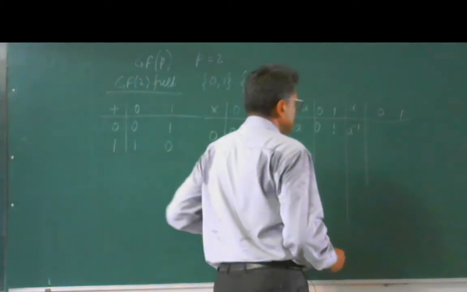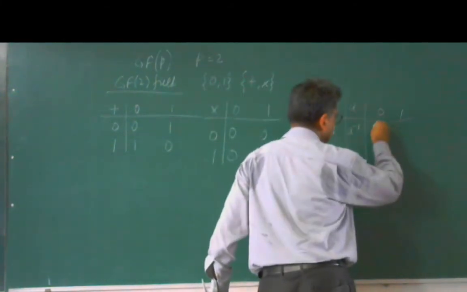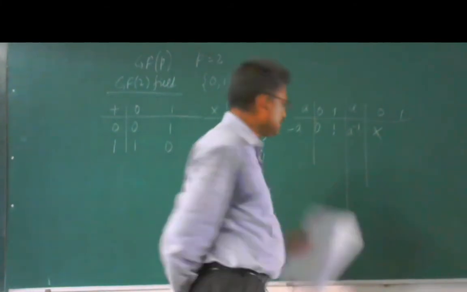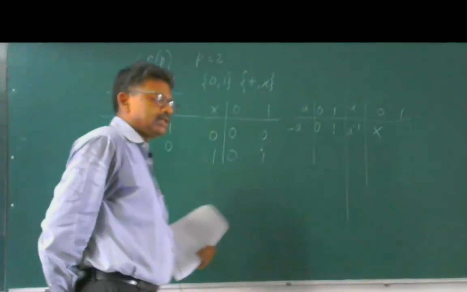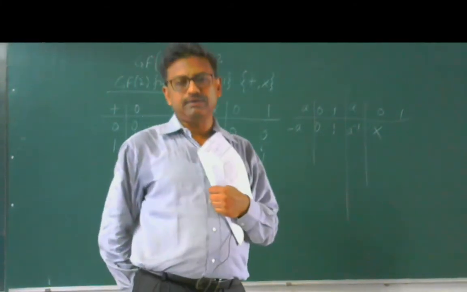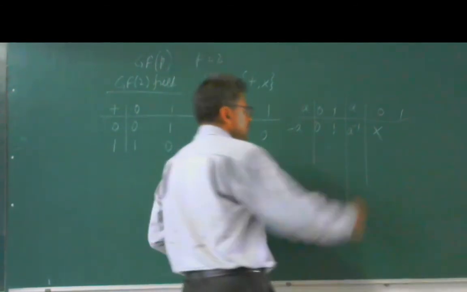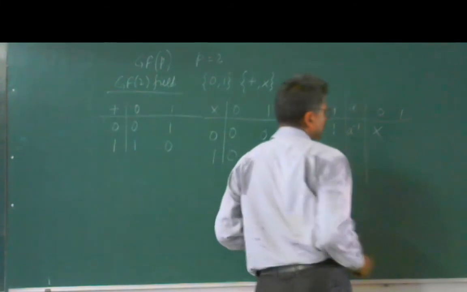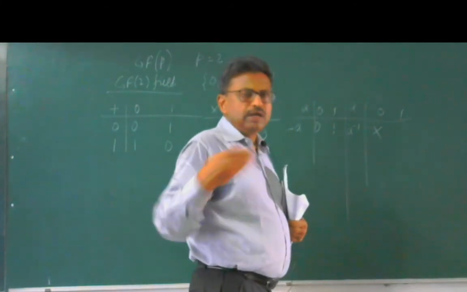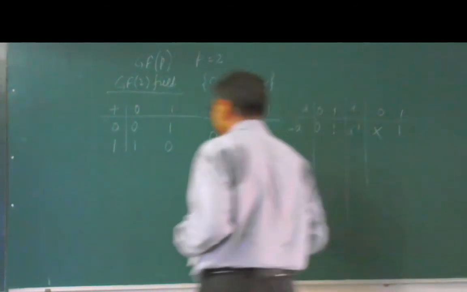What will be the multiplicative inverse? 0 will have no inverse, because it is stated in the definition that non-zero elements should have a multiplicative inverse, but the zero element will not have any. So we leave this, and what will be the inverse of 1? What number do you multiply with 1 so that you get 1? That will be 1.